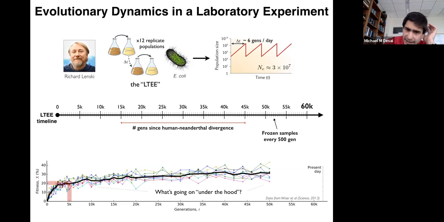And the question that I've been interested in over the past half a dozen years is how we can look at what's going on at the molecular level underneath these slow, steady, fairly repeatable, gradual increases in fitness over time.